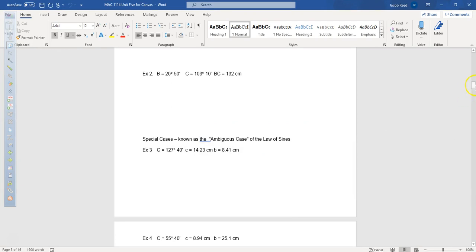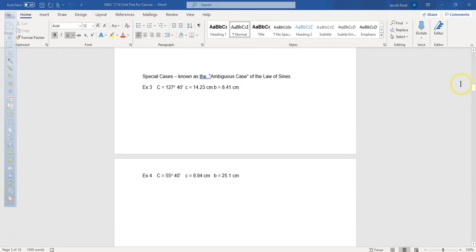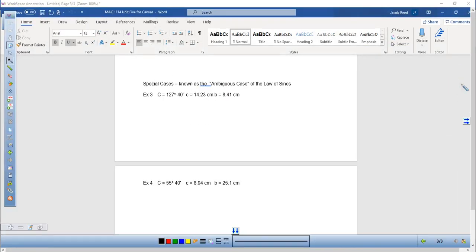Alright, example 3. Now we're going to be talking about some of the ambiguous cases. What that means is that sometimes there are two different triangles that can present themselves when we do these problems. So I'm going to draw this triangle here just to fill in what we have.